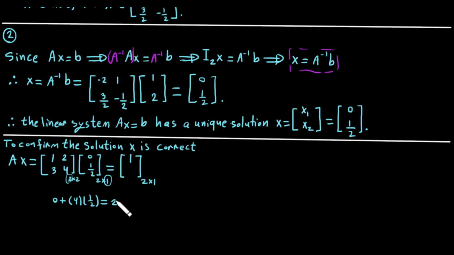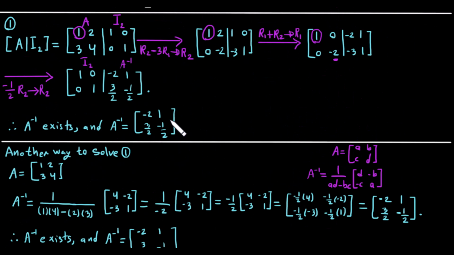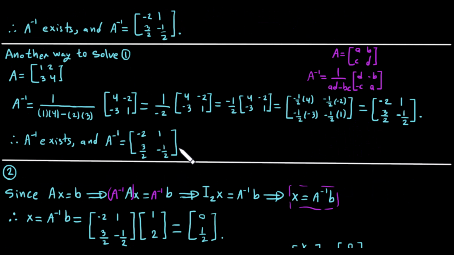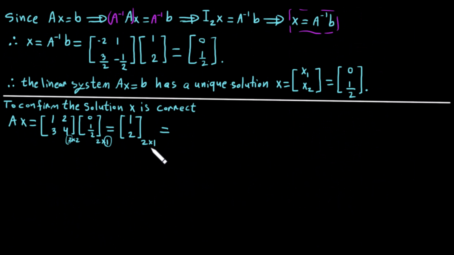So here I have to write 2. And this one, 1, 2, is the same as B, 1, 2. So we have confirmed that our solution is indeed correct.